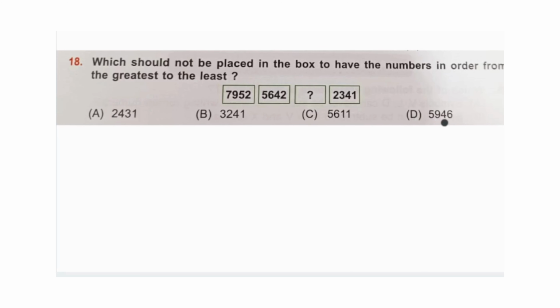And 5, 9, 4, 6 is greater than 2, 3, 4, 1. So according to the last option, all four of them fit properly, but we have to find a unique number.